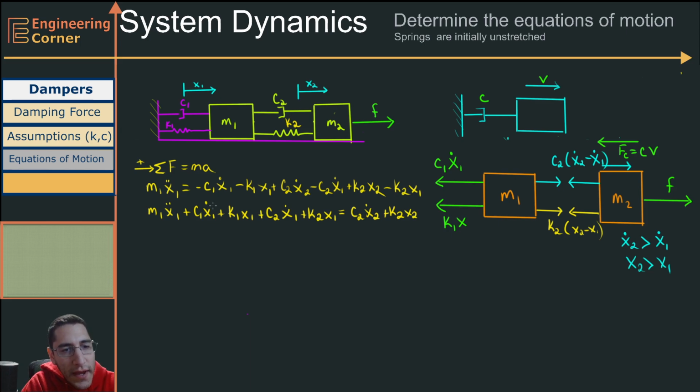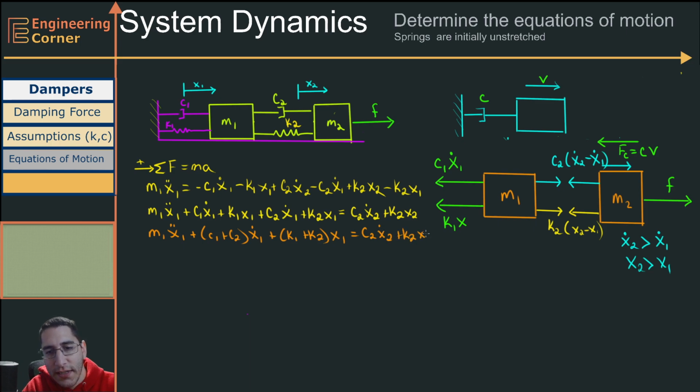I can do one more thing. I can just combine my coefficients. So I'll have m1 x1 double dot plus c1 plus c2 times x1 dot plus k1 plus k2 times x1 is equal to what this other side is, c2 x2 dot plus k2 x2. And this is my equation of motion for my block M1.